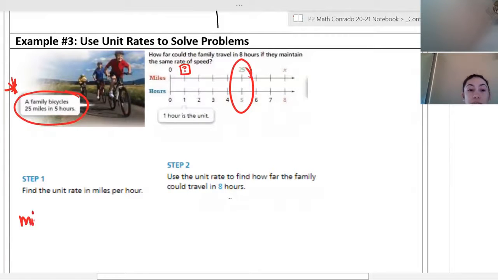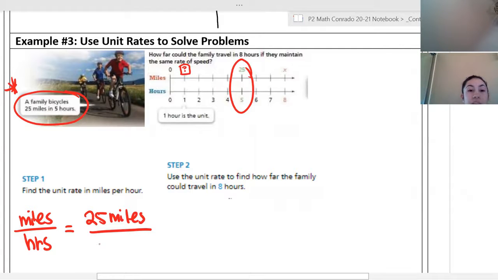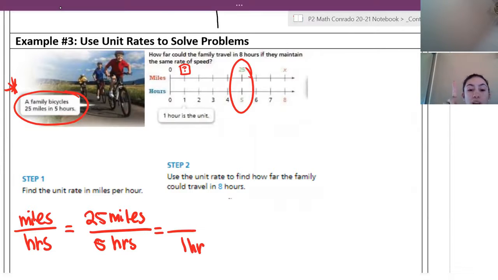In step 1, we're going to find the unit rate in miles per hour using 25 miles in 5 hours. So let's put 25 miles on the top, and 5 hours is going to be on the bottom. Because we're finding unit rate, we need to find it for just 1 hour.